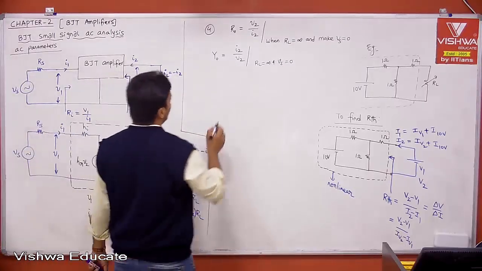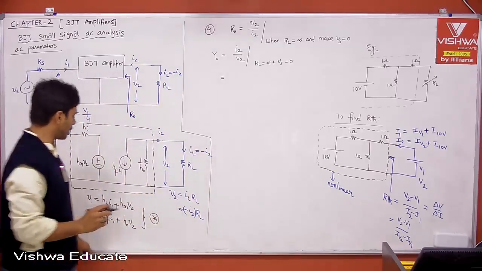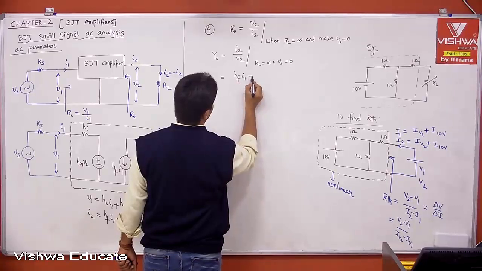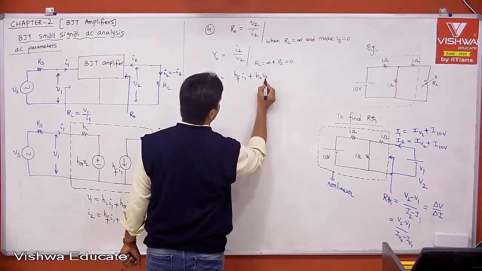Now, what is I2? Your I2 is nothing but HF into I1 plus HO into V2.